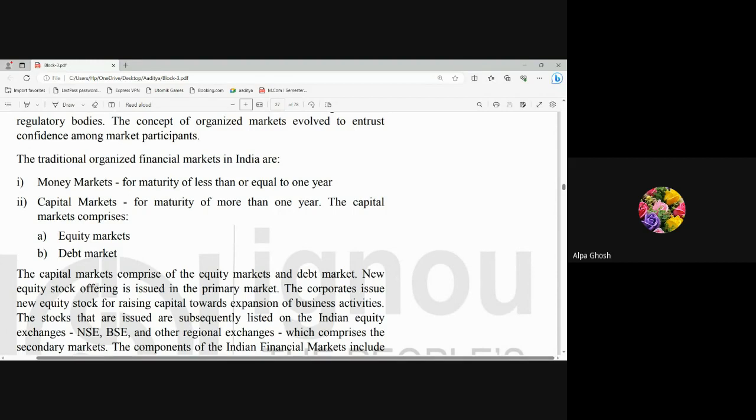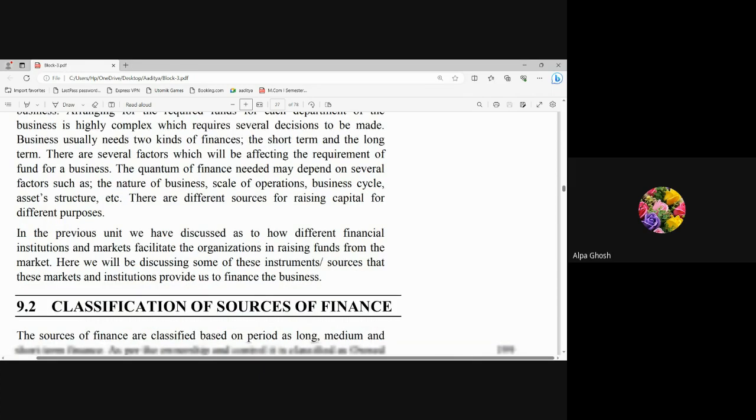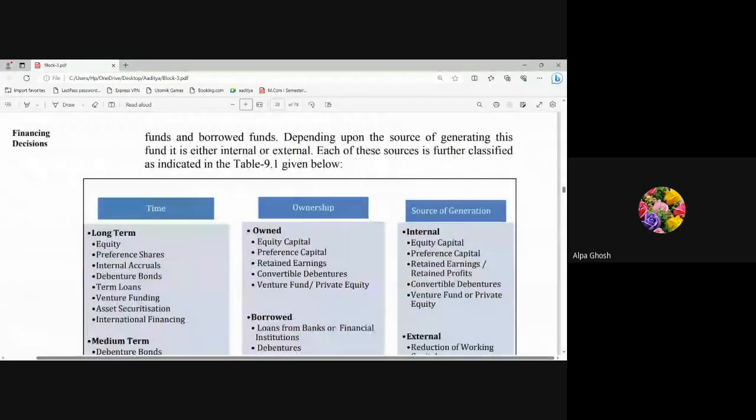When we talk about capital market, the market is divided into equity and debt market. Equity market is a market where we can have equity shares, and debt market where we can have other options like debentures, loans, bonds, etc. So we need to classify the sources of finance.